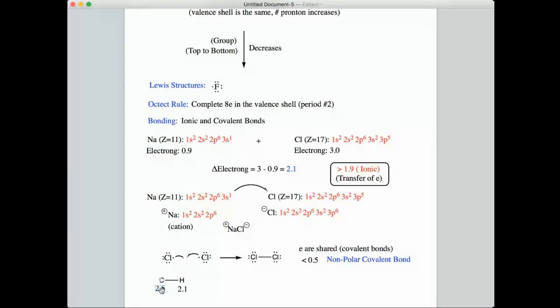So the difference in electronegativity between these two is 0.4. So that's a non-polar covalent bond. When you look at this, what I want you to envision is what exactly this means. It means that the electrons in a non-polar covalent bond are pretty much equally shared between both atoms.